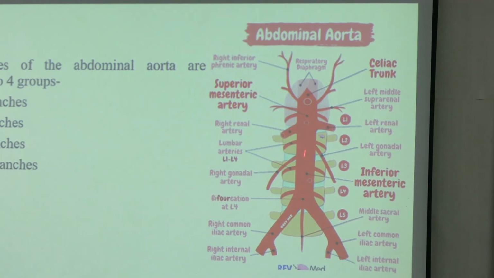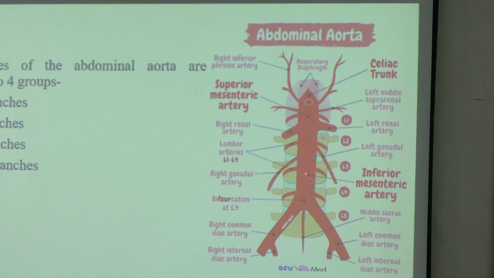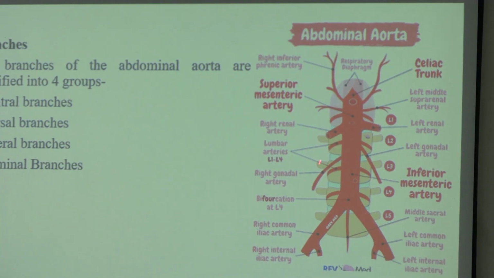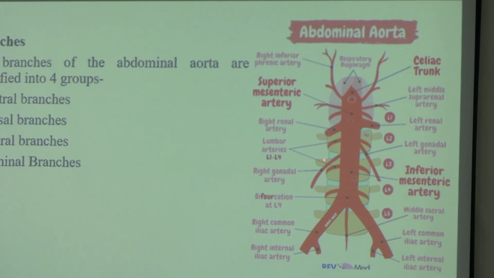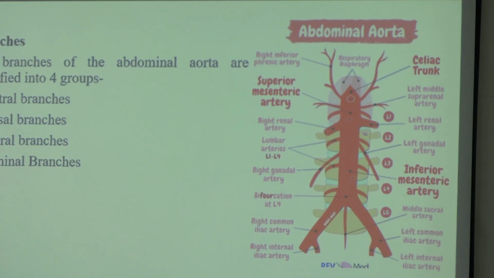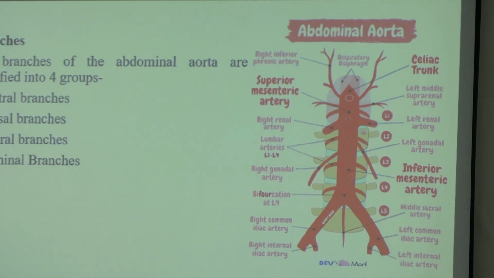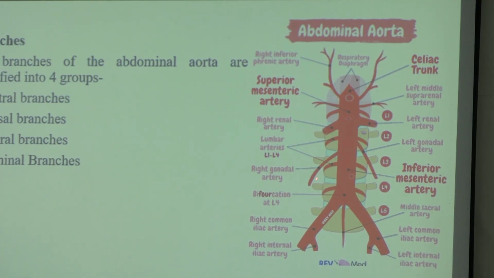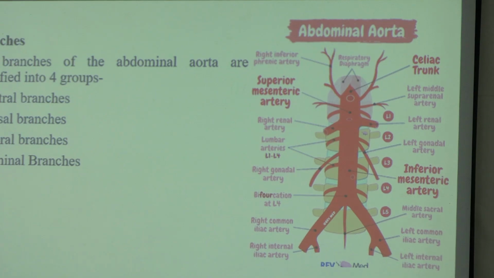These are nothing but this one and this one. These are the ventral branches. Next, the lumbar arteries which you can see are the dorsal branches, coming out from the posterior aspect. Then this right renal artery and this gonadal artery are the lateral branches.